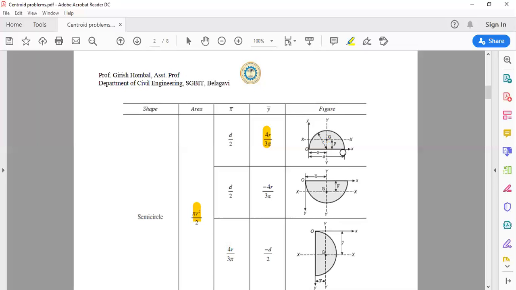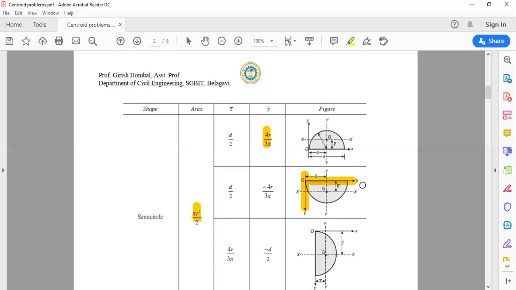Now, let us come to the second figure wherein you can see that y bar and x bar values might have changed here. We'll see how it has changed. You can see that you have a reference y-axis in this manner, and reference x-axis in this manner.